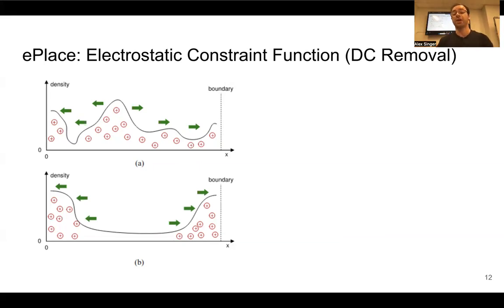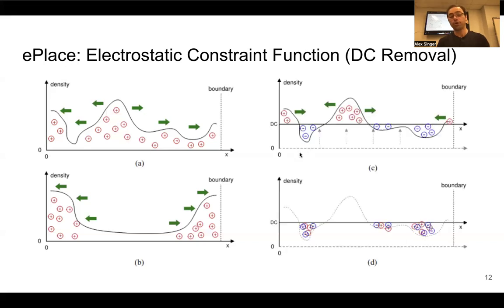which is something that they noted. And they were able to fix this problem by doing what they call DC removal. When they did the FFT, they just removed the DC component. And what they argue happens is that this raises the level of the DC component up to the average density, so that these dead regions become negatively charged and these higher regions become positively charged, and it causes things to spread in a way that will equalize the charge.